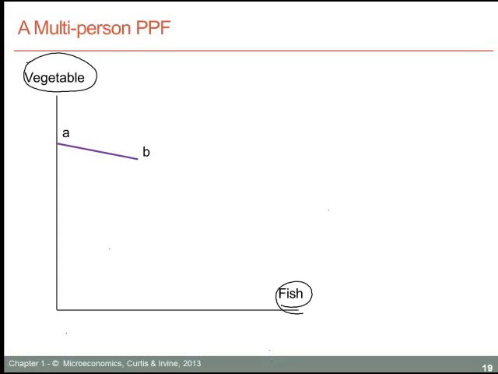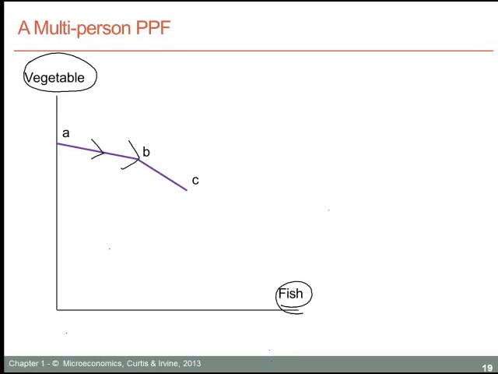Once we use all of her time or his time in the production of fish, that is to say, we arrive at the point B, then in order to produce more fish, we would use the individual who is the second most productive person in the economy to produce fish. And so their individual production possibility frontier is going to have a different slope from the first individual.